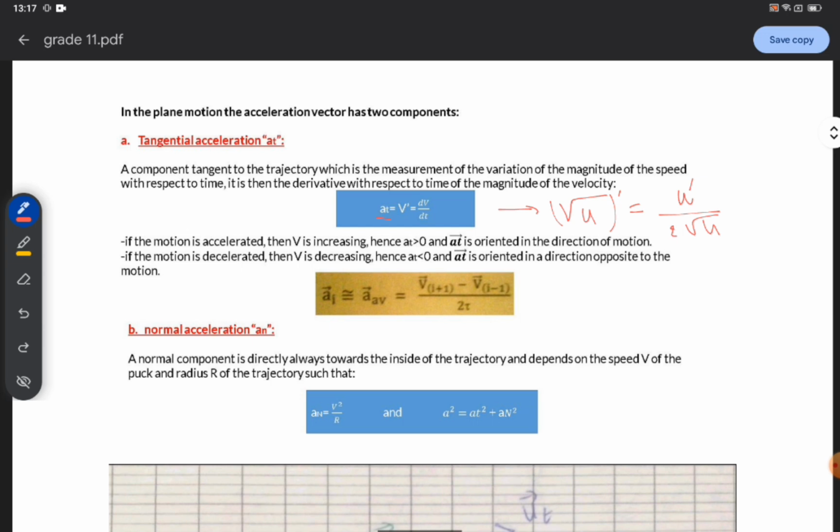Normal acceleration an, a normal component, is always directed towards the inside of the trajectory and depends on the speed v of the body and radius r of the trajectory, such that an is equal to v square over r, and we have the relation a square equal at square plus an square.